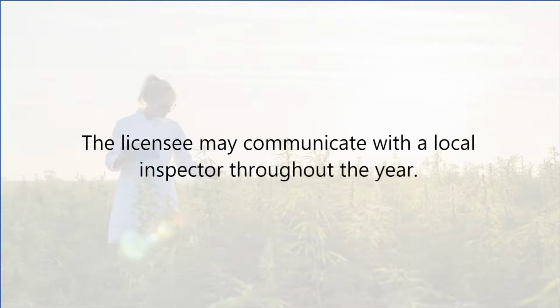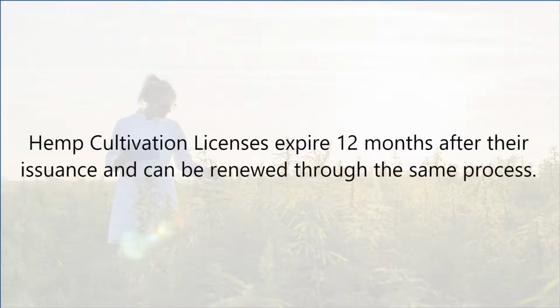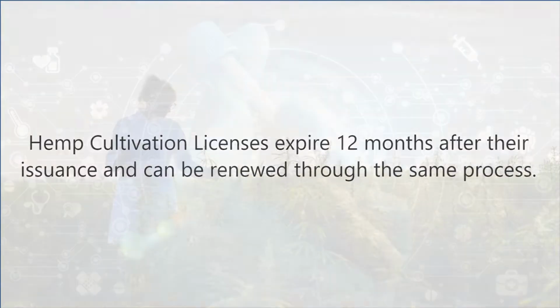The licensee may communicate with a local inspector throughout the year. Inspector contact information is available on the Division of Plant Industry website. Hemp cultivation licenses expire after 12 months from the date of issuance and may be renewed through the same process.